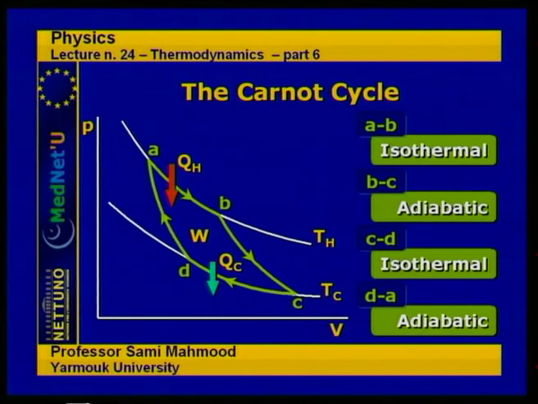back to the first initial state. During this cycle, the system absorbs heat, Q sub H, from the high temperature reservoir and loses heat, Q sub C, to the lower temperature reservoir during the isothermal compression.